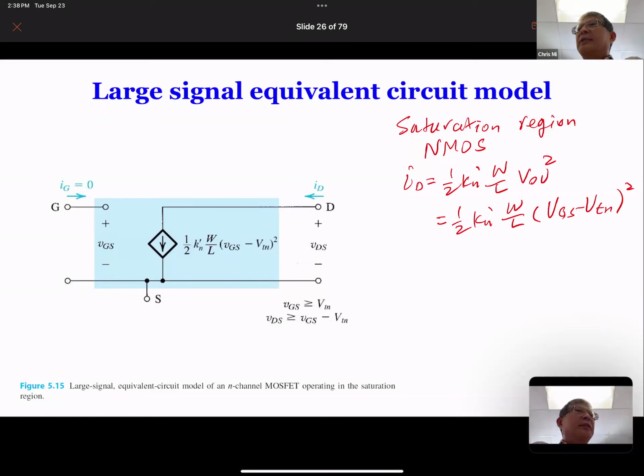As you can see, the current is proportional to VGS minus VTN. And VGS minus VTN is the voltage applied at the input side of the gate.